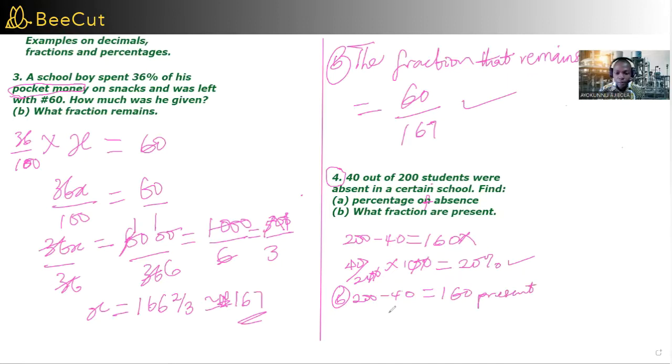So the fraction that are present is how many are present, 160, over how many population? 200. That's the fraction. So this cancels this. And 4 here is 4, while 4 in 20 is 5. So that means 4 over 5 of the population are present.